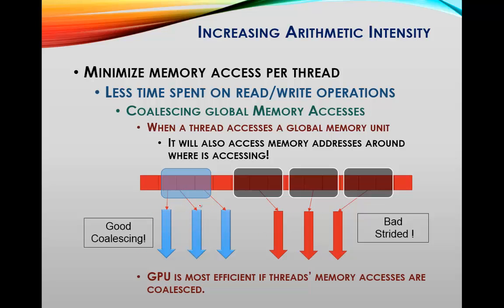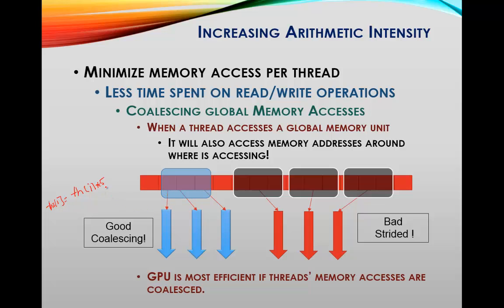Remember when I was writing a thread that took a number and multiplied it by 5. In that operation, thread number i reads its data, multiplies it by 5, and stores it into its own location in memory.